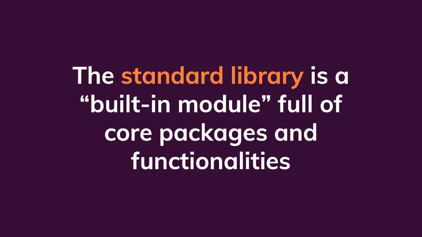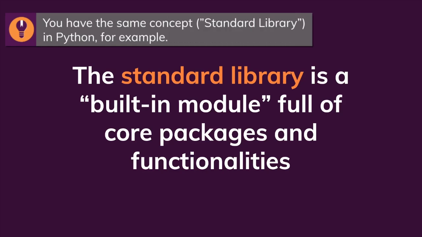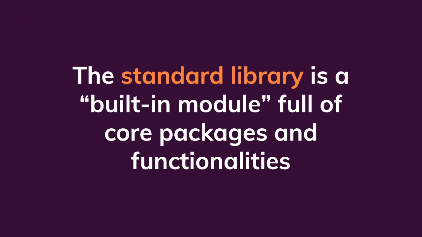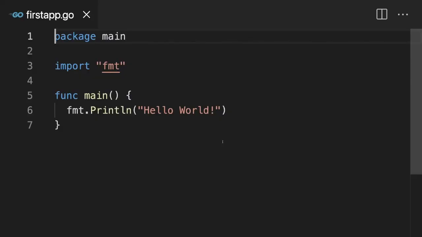And Go has a so-called standard library, which is a set of built-in packages which you don't need to install or download separately, but which you can use in your code just like this, since you installed Go globally on your system already. And here in this code snippet, when we import fmt, we are importing one of these standard library packages.